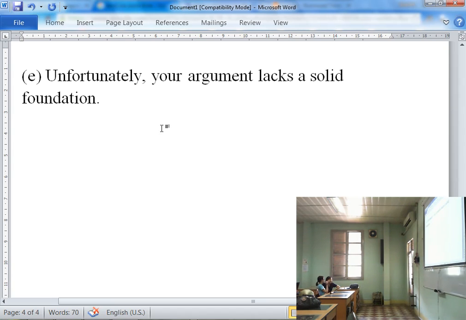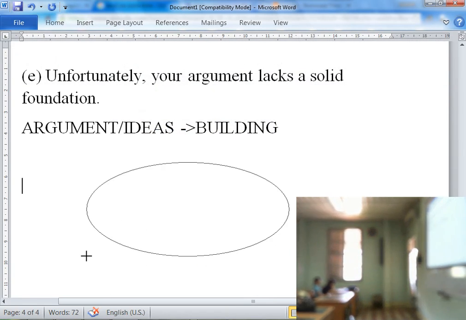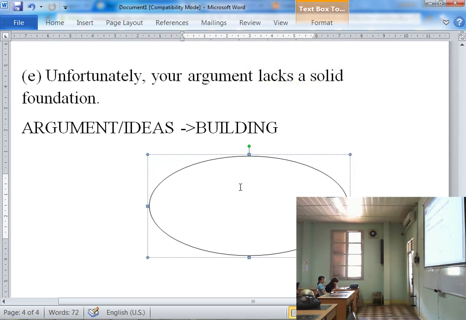So argument or ideas. What is it associated to in this case? A building or structure, right? And let's say again, I draw a domain of a building, and inside this domain, now look at that building over there.